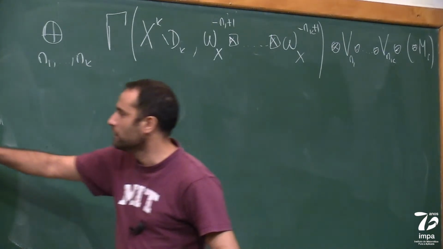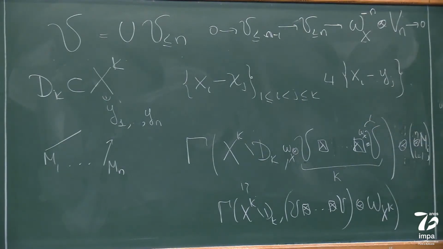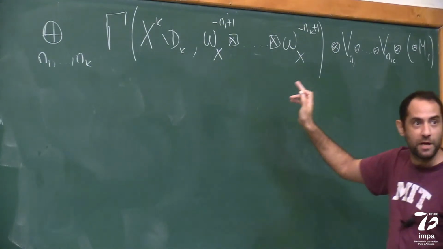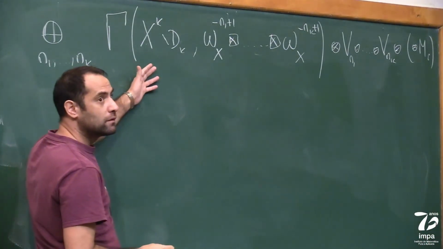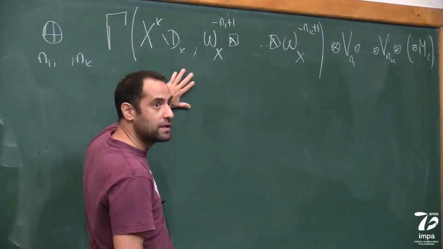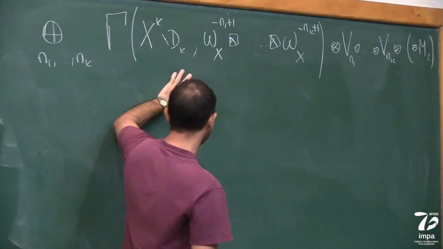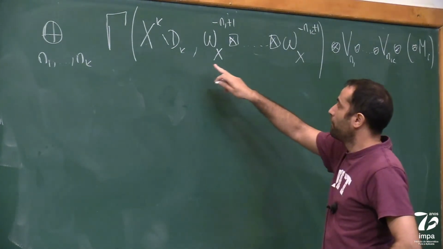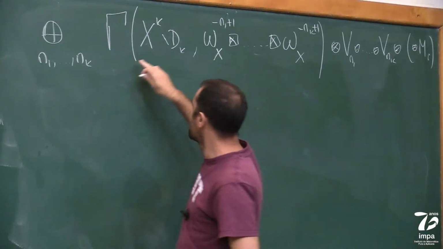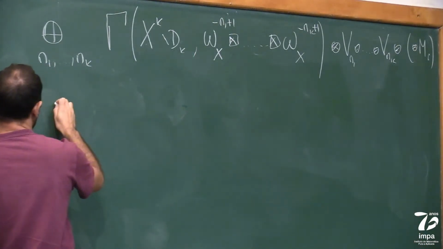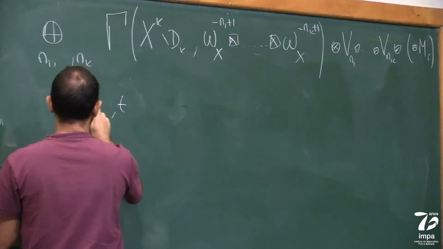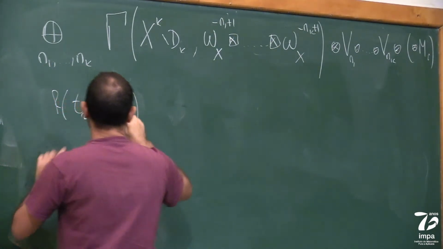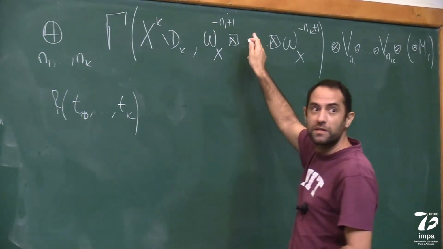And I'm still not telling you what this bundle is, but I'm telling you what this complex is, and the differential is going to be explicit. So the differential is what? You pick coordinates, local coordinates. So this is a complex that is computed locally. And, well, a section there is going to look like a function of T1 up to Tk. Well, let's choose T0 up to Tk, so that I take k plus 1 now instead of k.